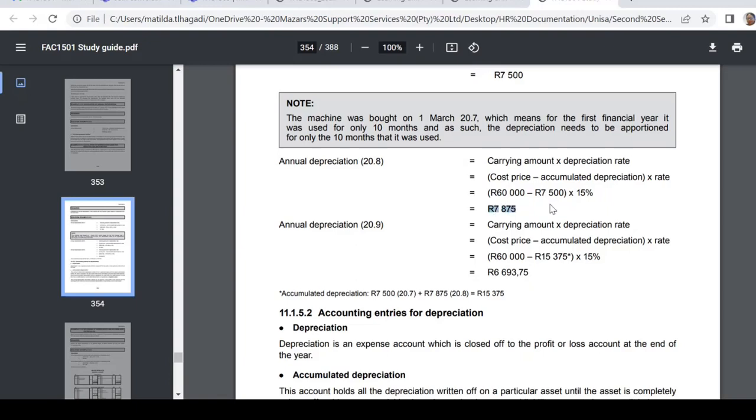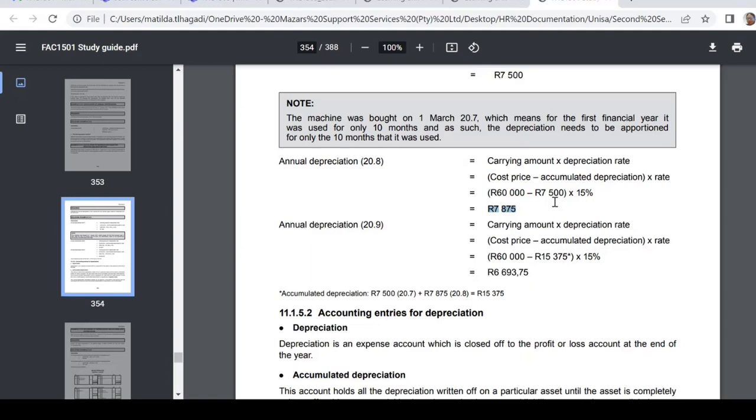Then you get your depreciation, which is debit depreciation 7,875, credit accumulated depreciation 7,875.